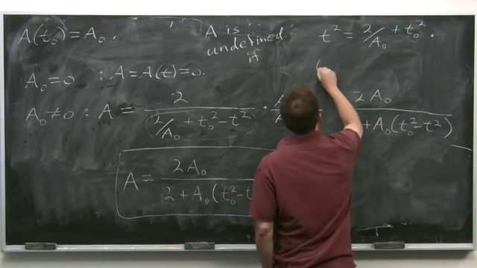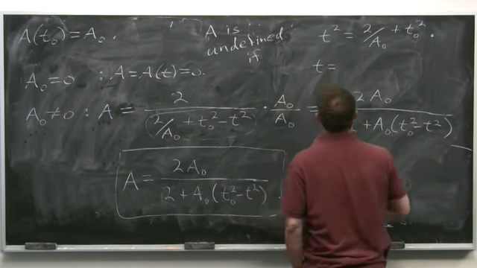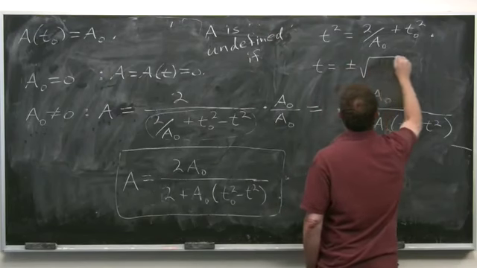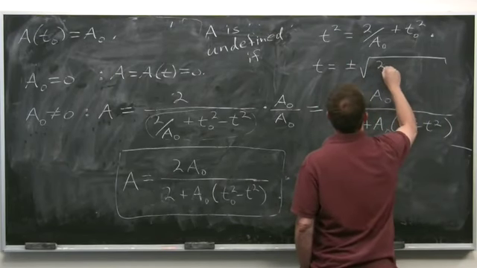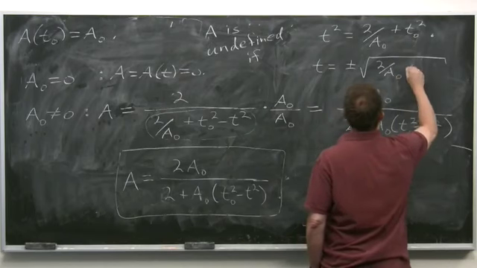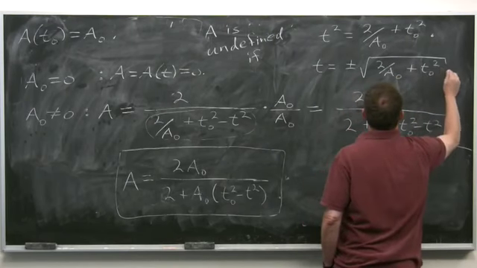So that would be when t is plus or minus the square root of 2 over A0 plus T0 squared.